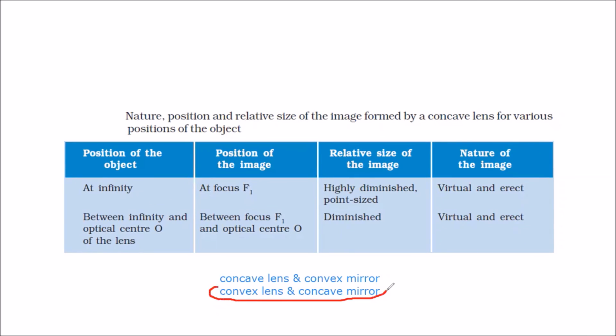You would have seen we have drawn 6 ray diagrams for these two, the convex lens and concave mirror, whereas for concave lens and convex mirror we have drawn just two ray diagrams. So if you have understood any one of the situations, mirror or lens, you will be able to draw all the other situations, and these will be helpful when we'll be actually solving the numericals.